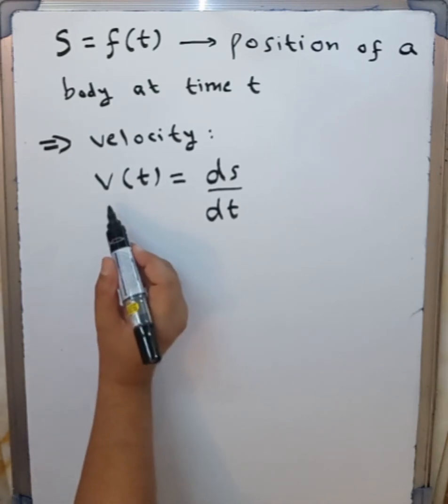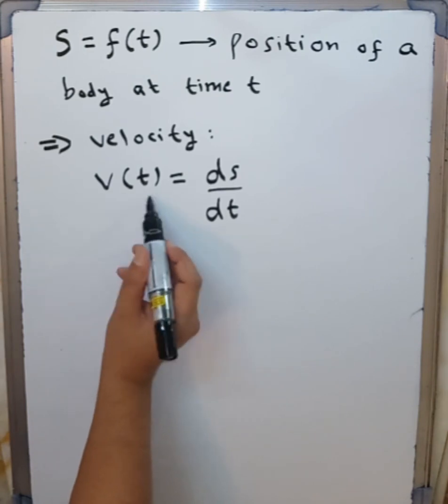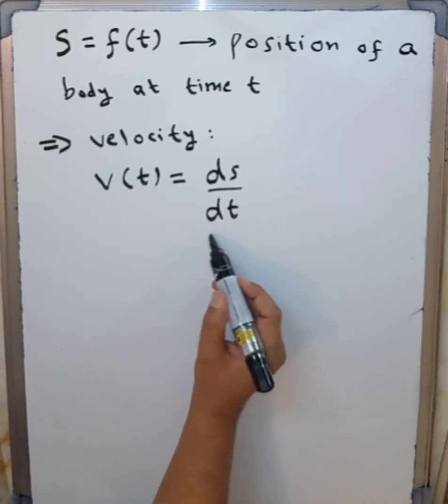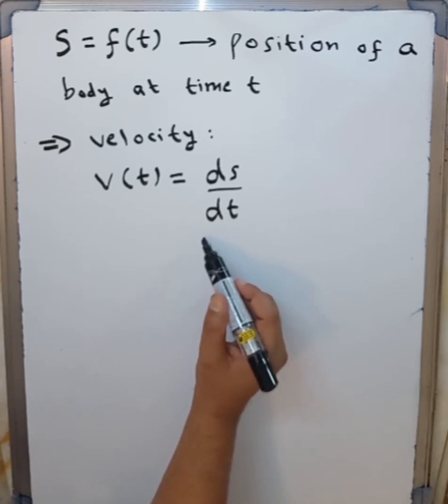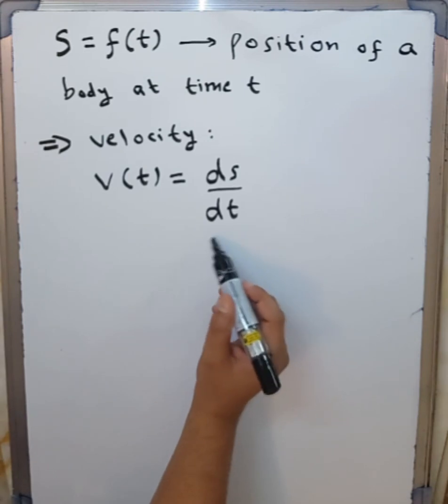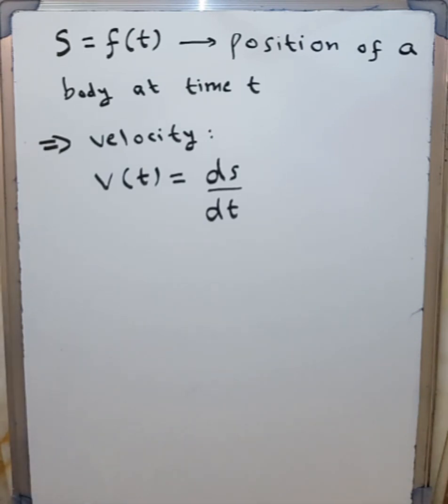We are writing V(t) here because velocity is a function of time, and ds by dt. So what we do, we just differentiate s with respect to t. That is our differentiation of s, which denotes position, with respect to t, which denotes time.